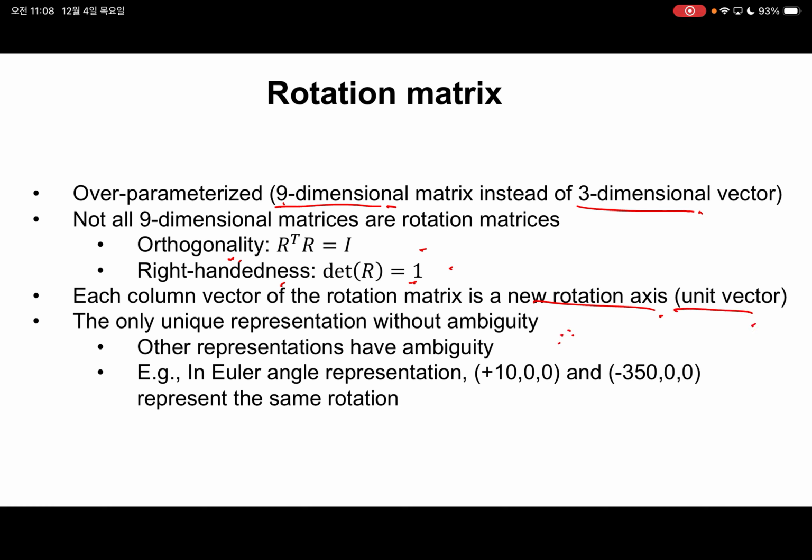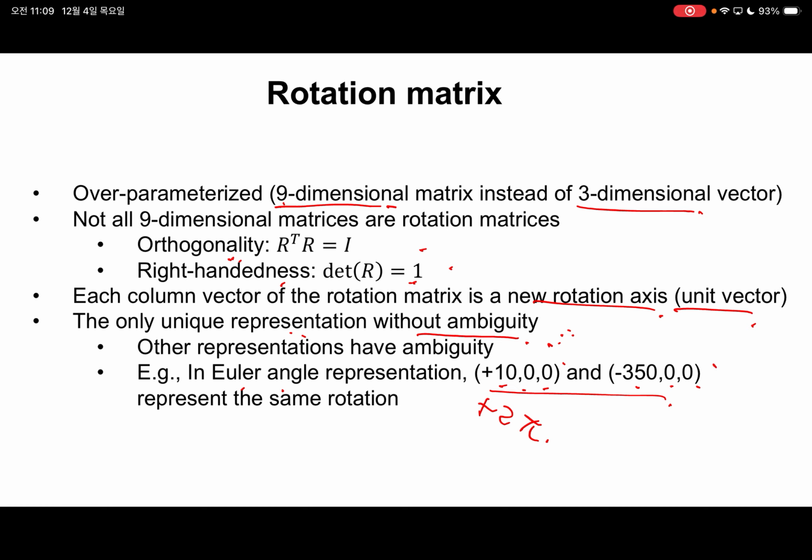The rotation matrix is also the only unique representation without ambiguity. And this is also important. I introduced that there are many 3D rotation representations, but the rotation matrix is the only unique representation without any ambiguity. In the case of Euler angles, this is a very simple example. Euler angles, this is x, y, z. We can add just 2 pi, 360 degrees, right?